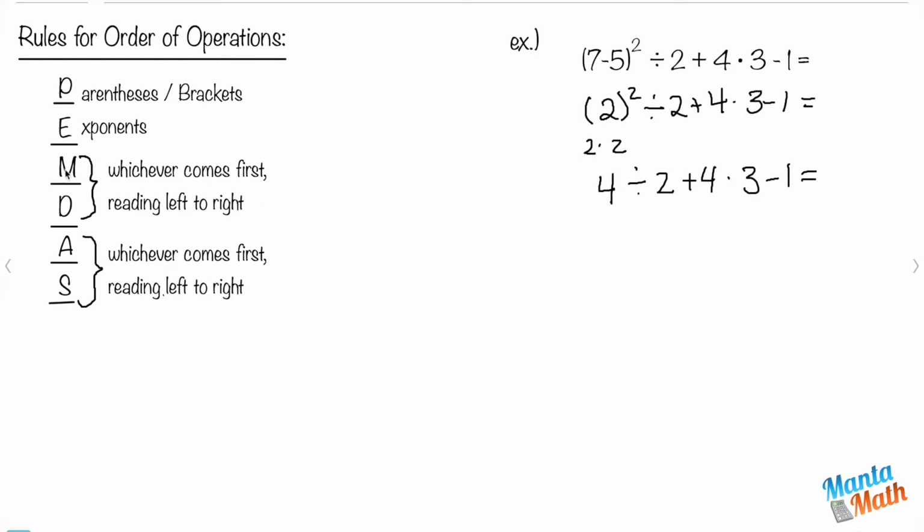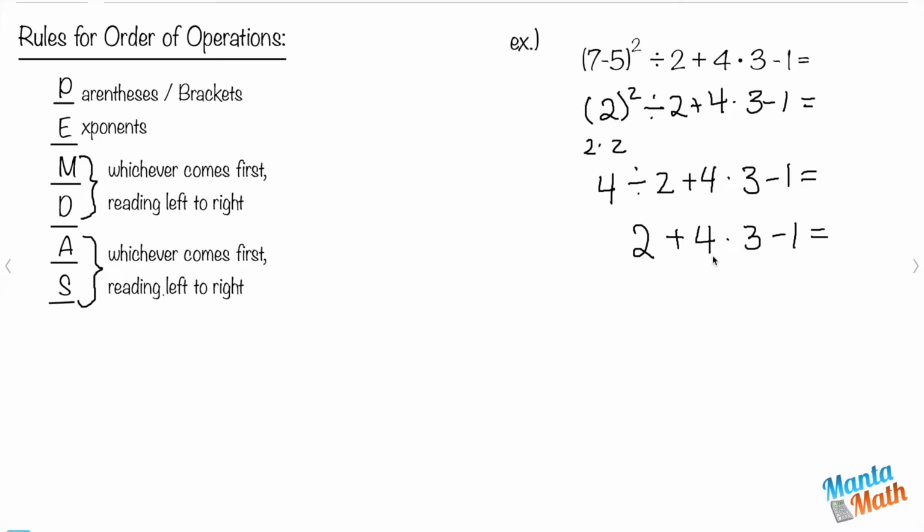Okay, next is either multiplication or division. Since division comes first, we're going to do 4 divided by 2 to get 2. Again, rewrite the equation. Okay, and then our next one is going to be multiplication.